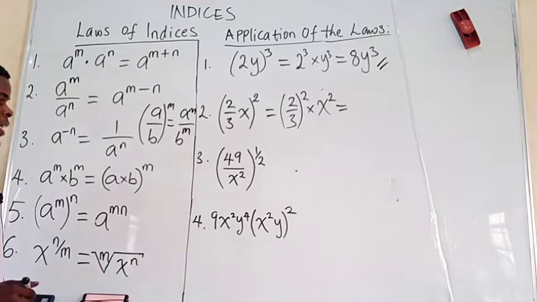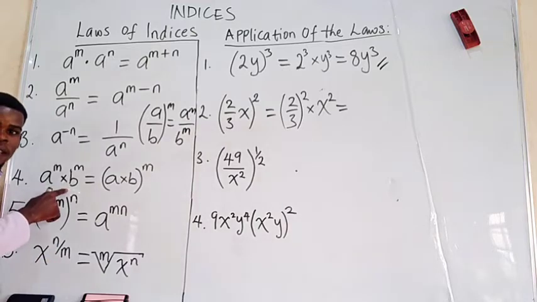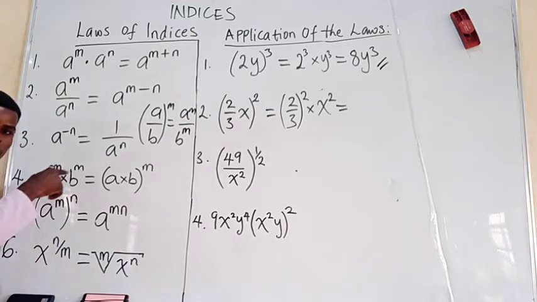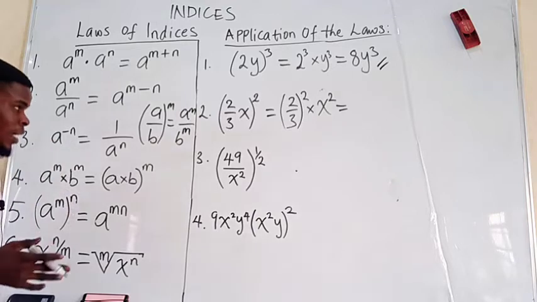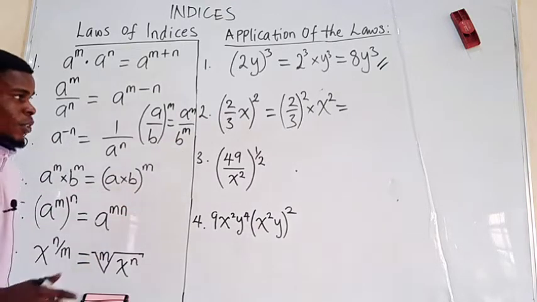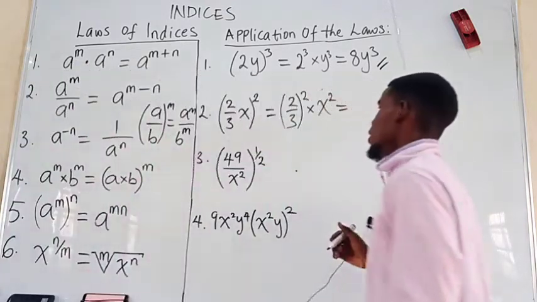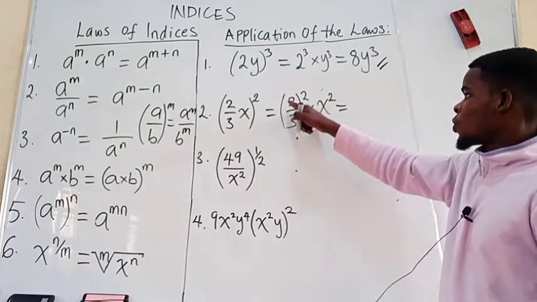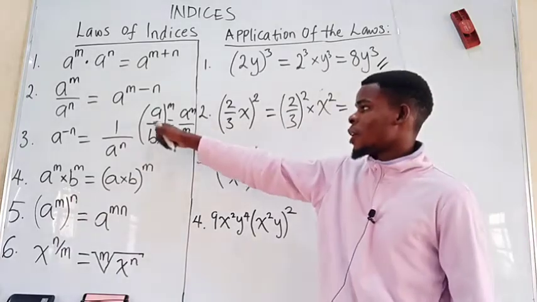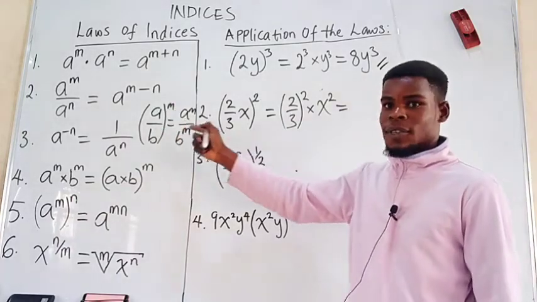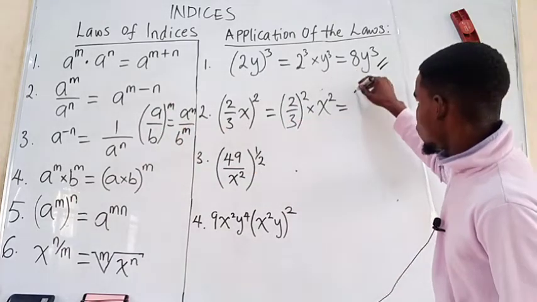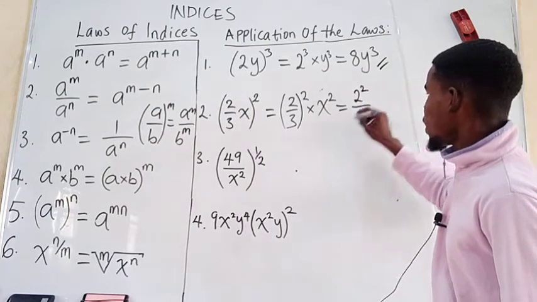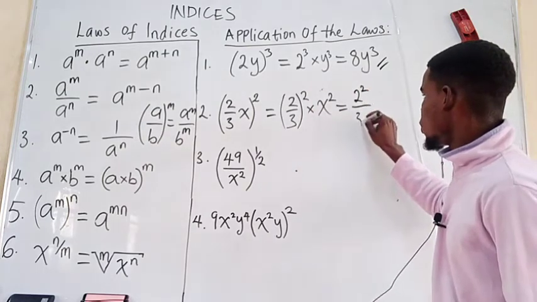So in case where we have b here to be a fraction, just 1 over b or 1 over any number, this is just something for you to note. So this right here will give us 2 to the power 2 divided by 3 to the power 2.